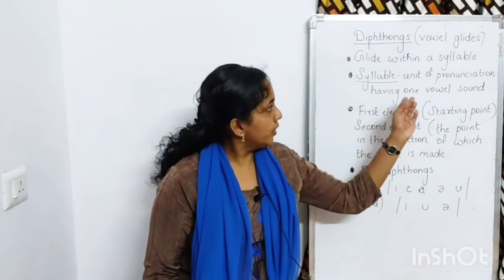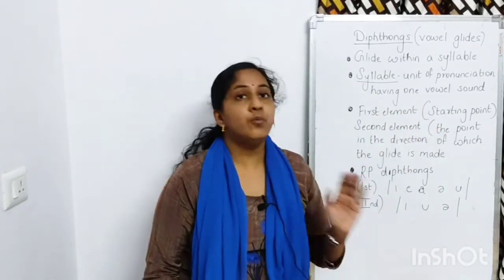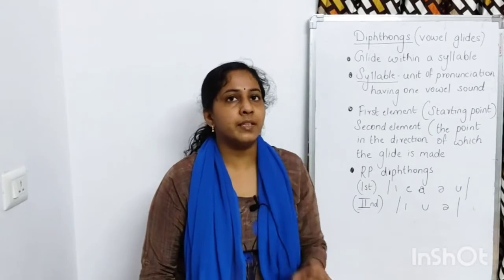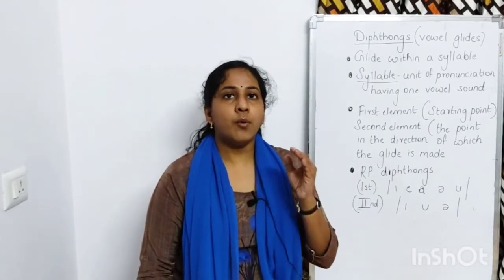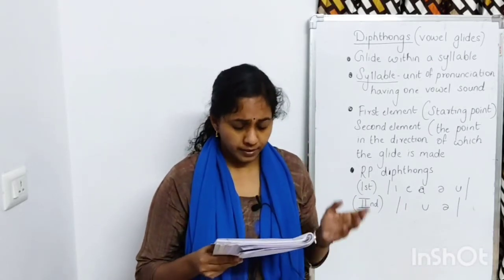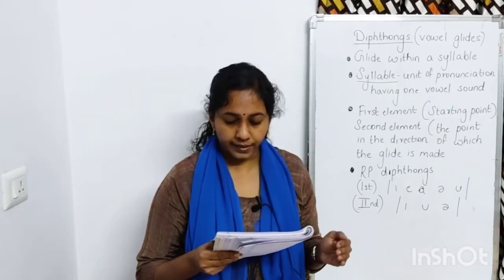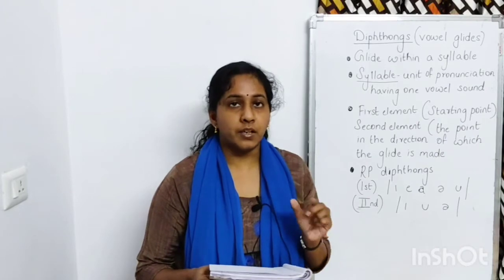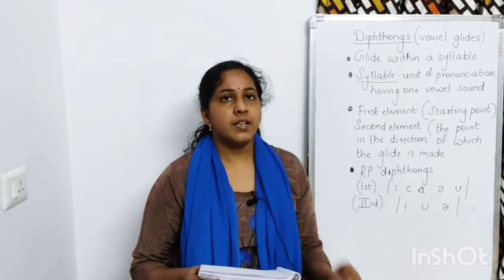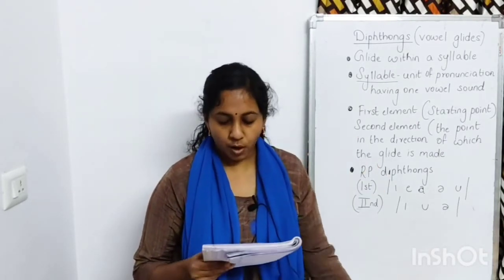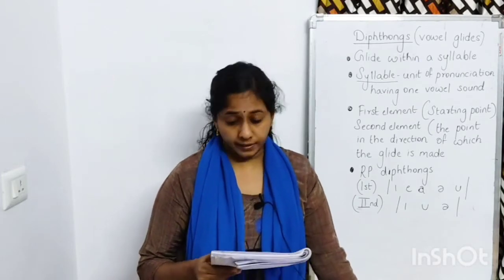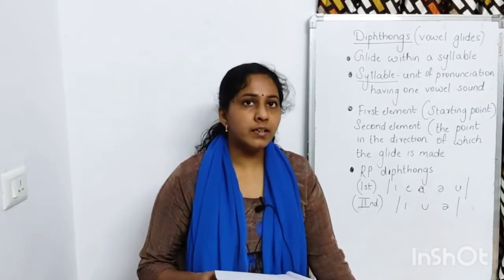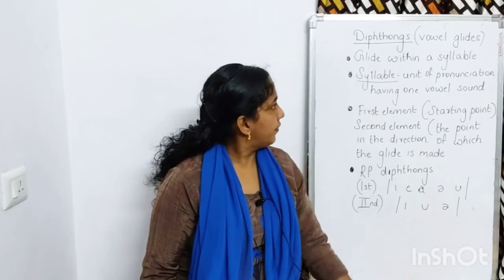So it's a unit of pronunciation having a vowel sound. In a vowel glide, it forms a glide within one syllable, a movement from one position to another. So that is a diphthong.